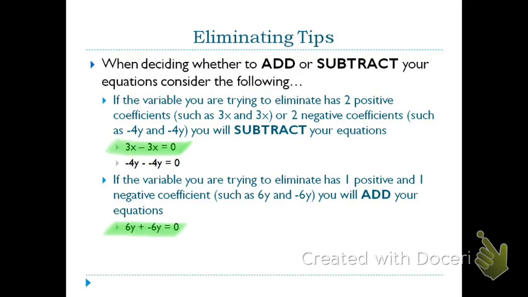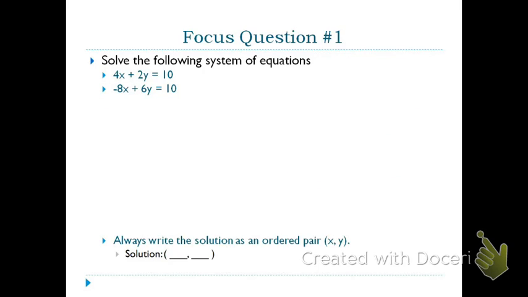If you have a negative and a negative, then you're going to have to maybe multiply one equation so that your negative 4y and your negative 4y can line up differently to make one negative and the other positive. But we'll be looking at that. So anyway, let's take a look at our first example.